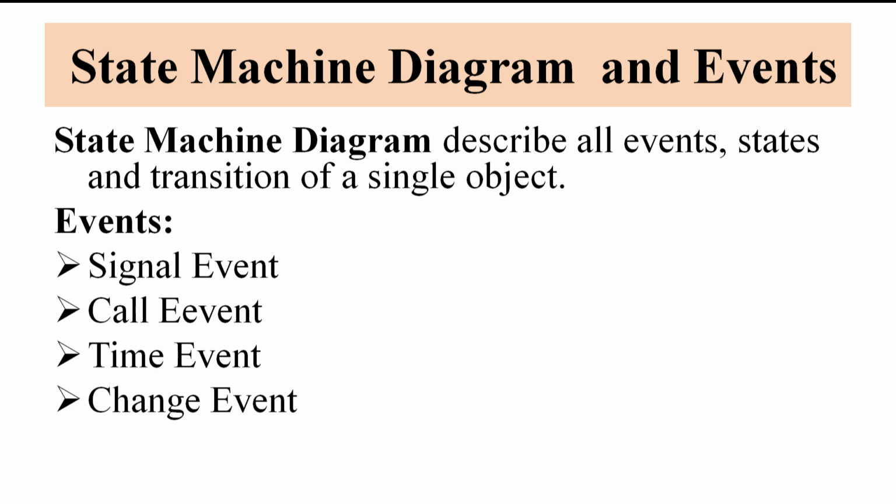Then there is the change event. The change event talks about how a change in the situation occurs, and on the basis of that what kind of decisions are taken. On the basis of a certain condition, if the condition is satisfied, a certain operation is performed. If the condition is not satisfied, that operation cannot be performed.